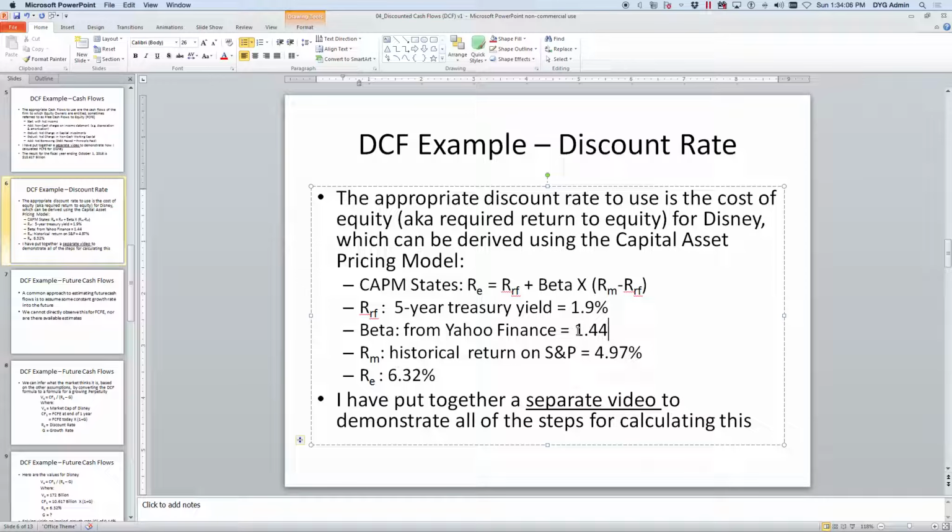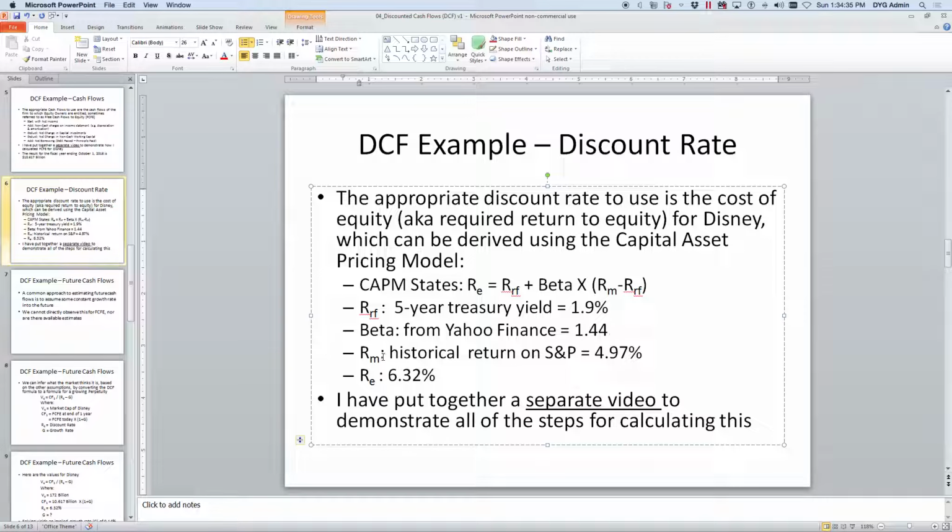But luckily for us, there are firms that calculate in theoretically correct ways the beta for firms and publish them. And one of those is Yahoo Finance. They show a beta for Disney of 1.44. Remember that a 1.44 for a capital asset pricing model beta means that Disney's a little bit riskier than a typical stock in the market.